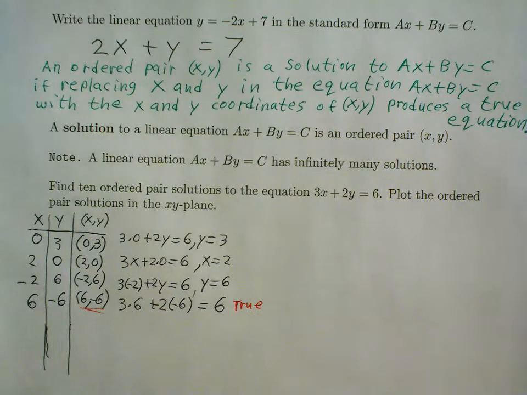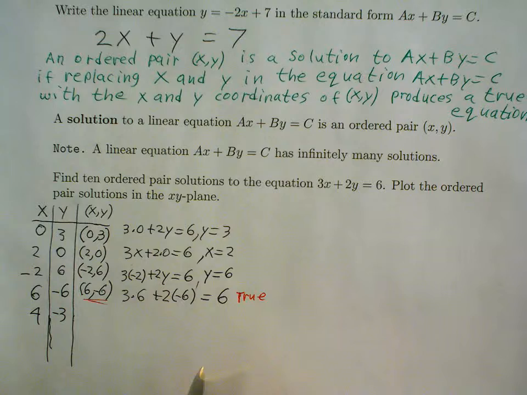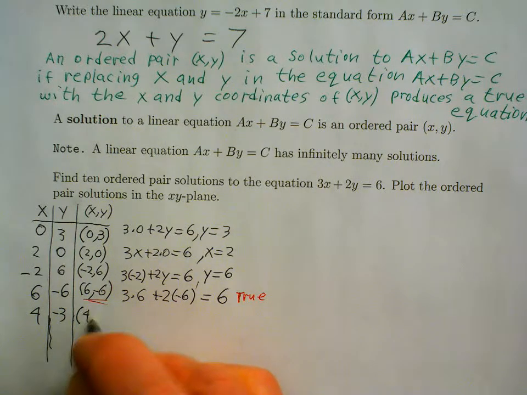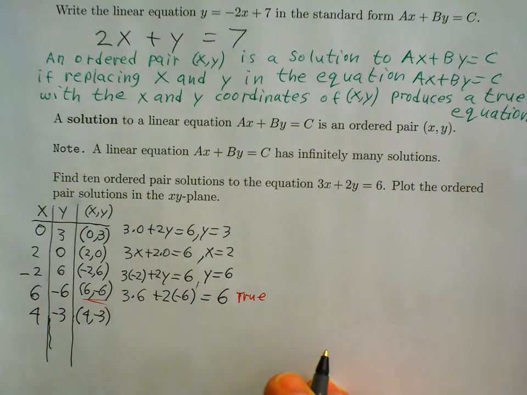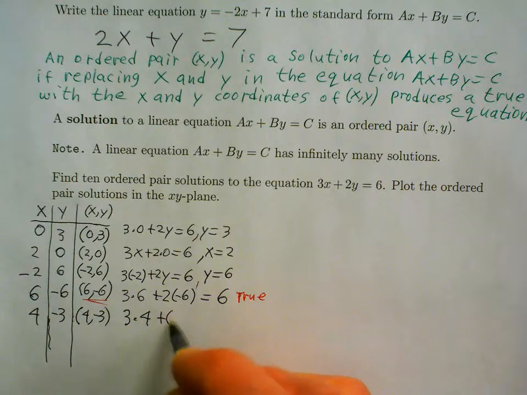The one in class, 4 for x and -3 for y, or the ordered pair (4, -3). So in the equation, we'll write 3 times 4, and then plus 2 times -3.